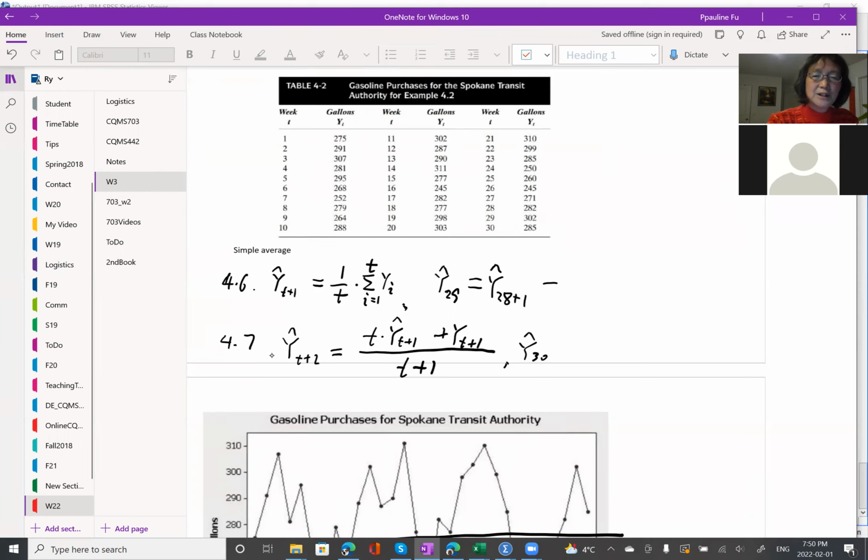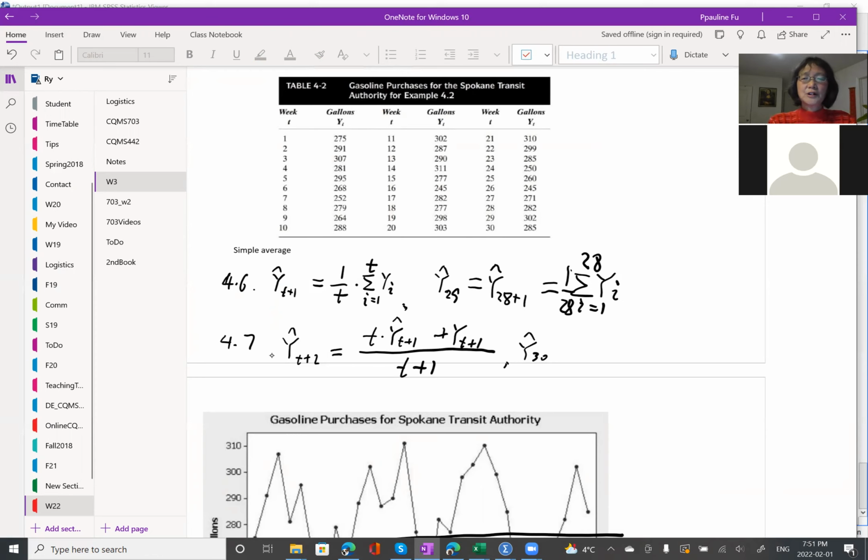That means I want to use the average of the first 28 data points, from 1 to 28, so the average means dividing by 28. That is how I forecast week 29.